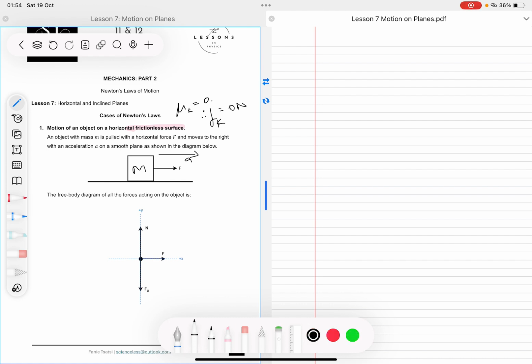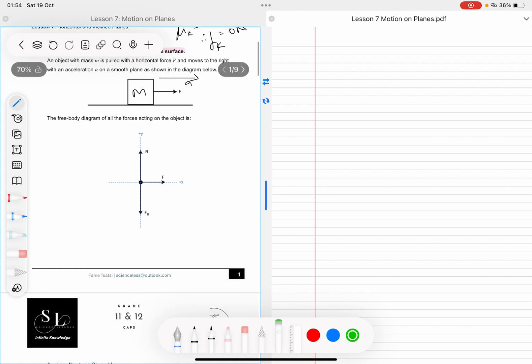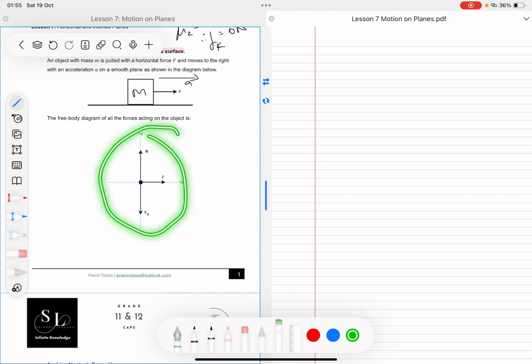So if we want to draw a free body diagram for this object, we know from lesson 1 that a free body diagram will change the object and model it as a dot, and we'll draw a force that is applied in that direction. And we already know that gravity will always play a role. There will be the force of gravity going vertically downwards, and there will be a normal force going vertically upwards exerted by the surface on the object. So all these are the forces that the object experiences.